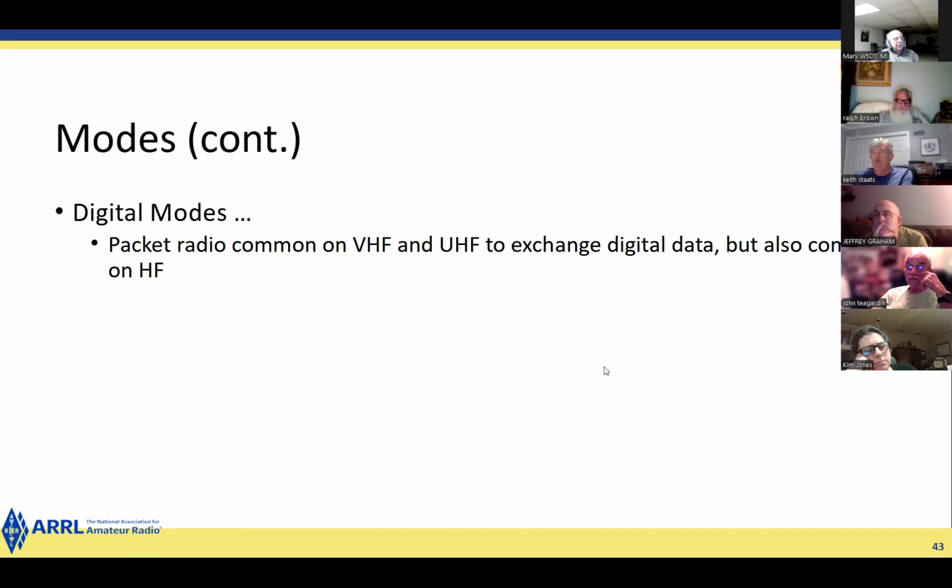Packet radio is common on VHF and UHF, but it's also common on HF, with FT8 being the most popular. FT8 is extremely popular on HF. It got particularly popular when they stopped requiring CW for licensing.